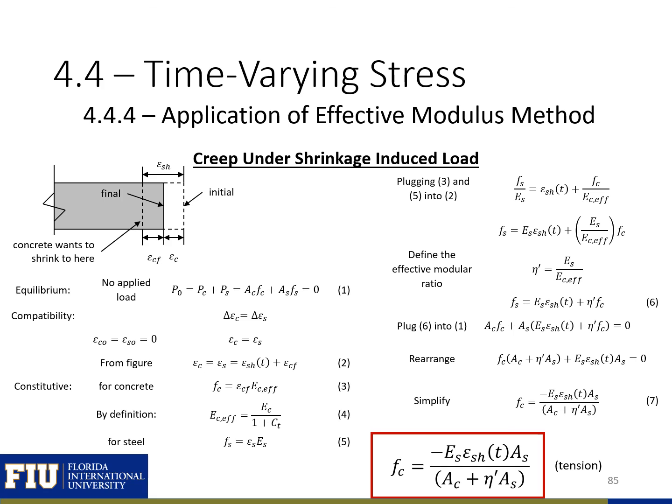As I mentioned before, the restraining of the shrinkage caused by the reinforcement is going to cause tensile stress in the concrete. On this slide is the derivation for the expression to calculate the tensile stress caused by this restraint provided by the steel.